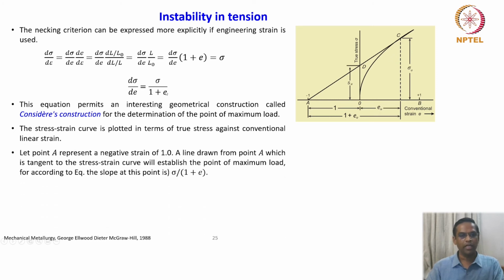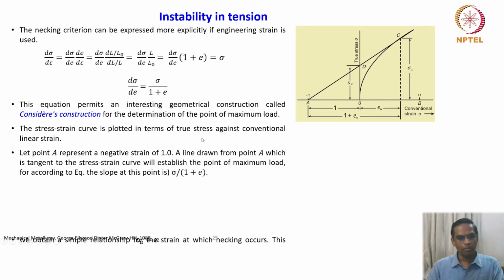This is a kind of relation between the true stress versus conventional strain. That is also the way of looking at this. So this is what the description is given here. Let point A represent a negative strain of 1. A line drawn from the point A, which is tangent to the stress strain curve, will establish a point of maximum load according to this equation.